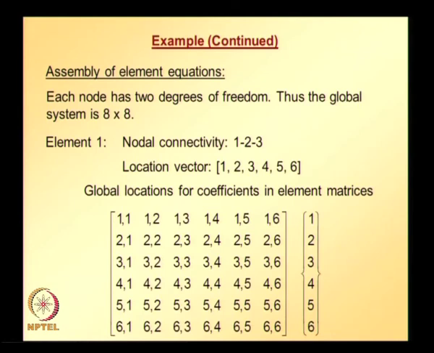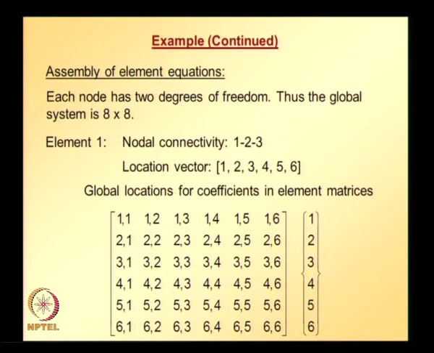So, noting nodal connectivity, we can easily figure out exactly at what locations element 1 contribution goes in, which is shown in the location vector. Once we have this information, global locations for coefficients in element matrices can be noted down in this manner. So, this information helps us to assemble the global equation system.